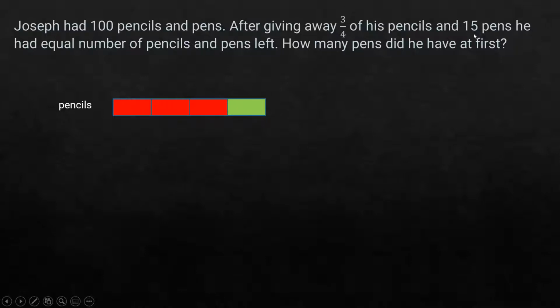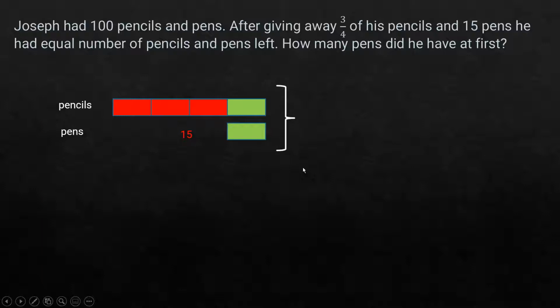Now pens, he gave away 15 pens, and what did he have left? He had equal number of pencils and pens left. So the pens that are left should be equal to the number of pencils left.